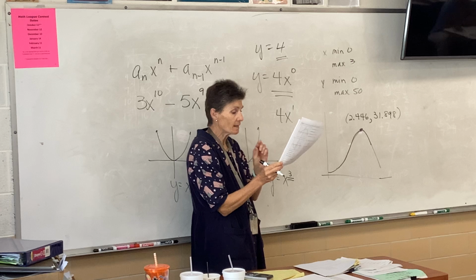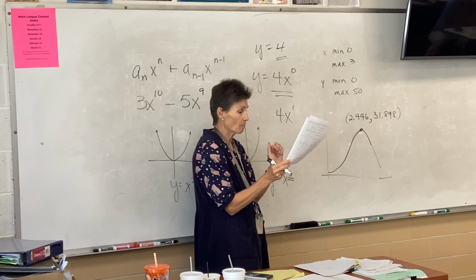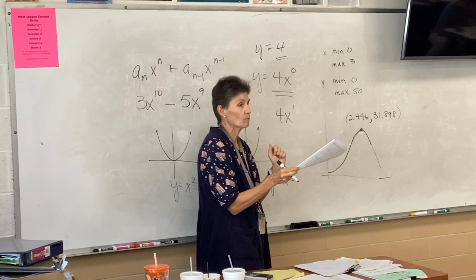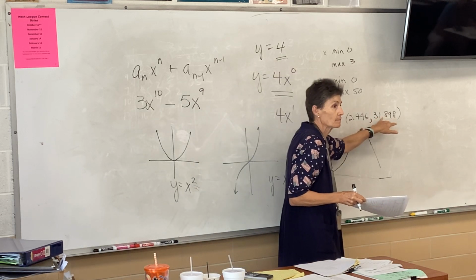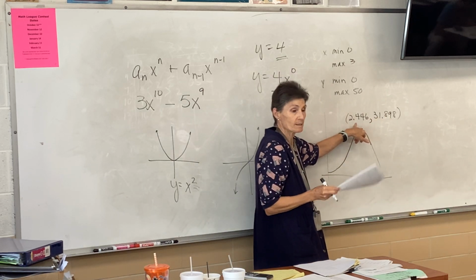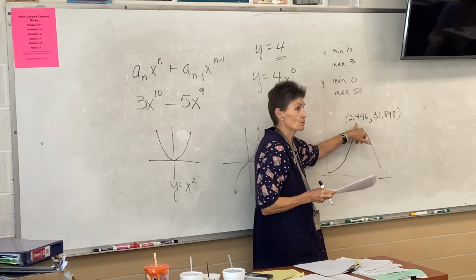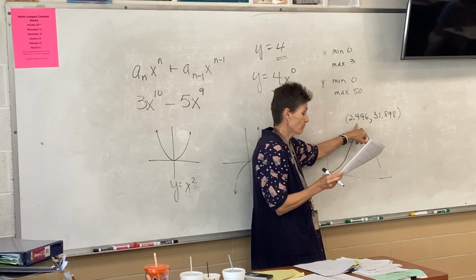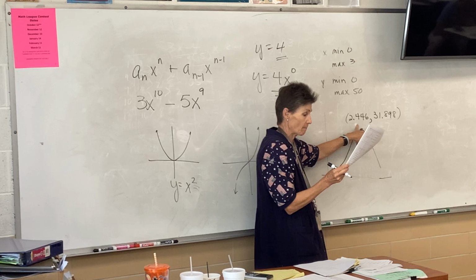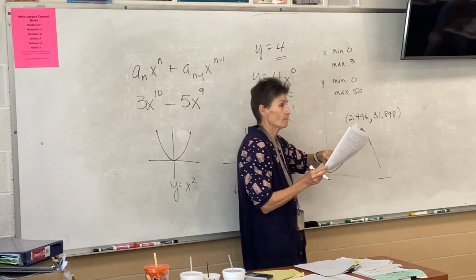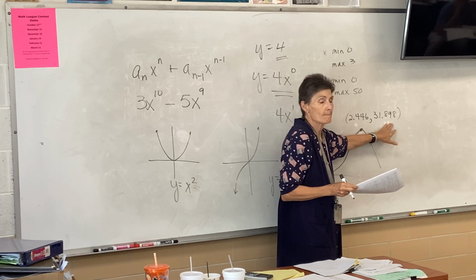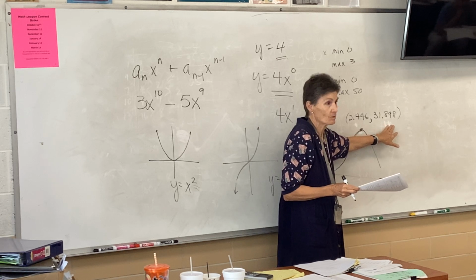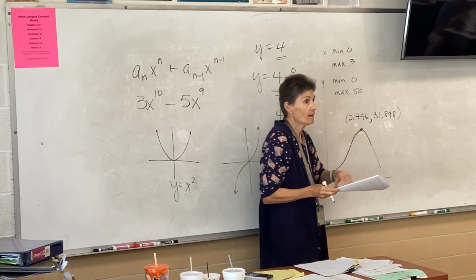At what time t does the number of cars in the parking lot change from increasing to decreasing? So which of these is t? 2.446. So hours. So 2.446 hours after it opens. What does this number represent? How many cars are in the parking lot?